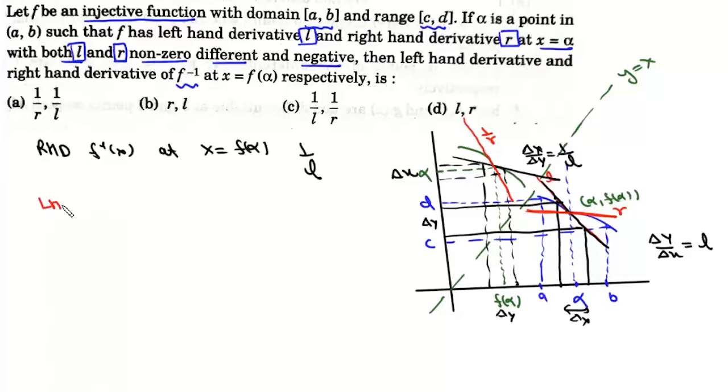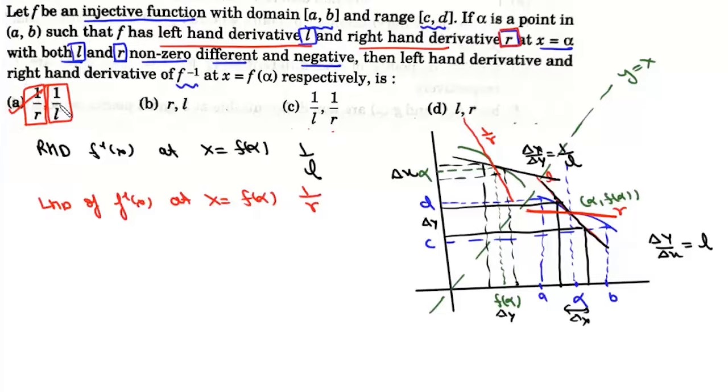So left hand derivative of f inverse(x) at x equals f(alpha) will be 1 by R. So answer to this question will be 1 by R and 1 by L. So previously for f(x), left hand derivative is L, but for f inverse, left hand derivative is 1 by R, and for f(x), right hand derivative is R, whereas for inverse, its right hand derivative is 1 by L. So that is the difference between the two functions.